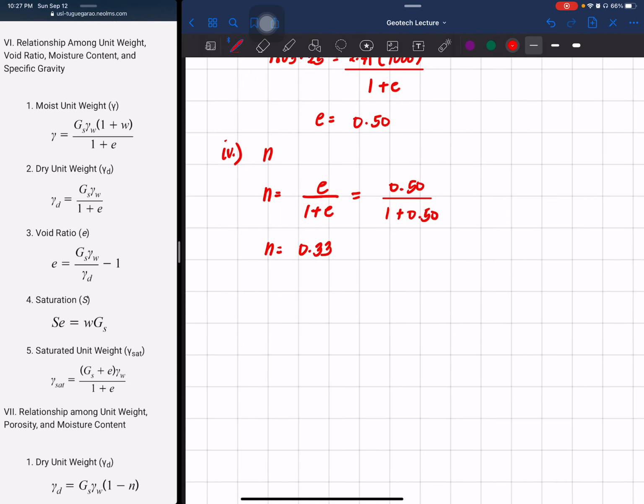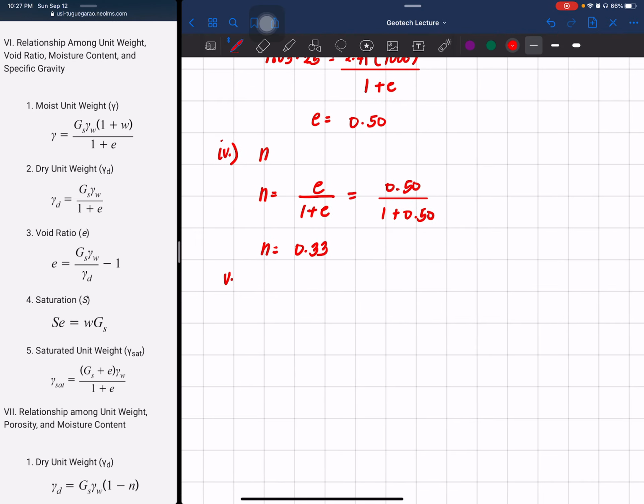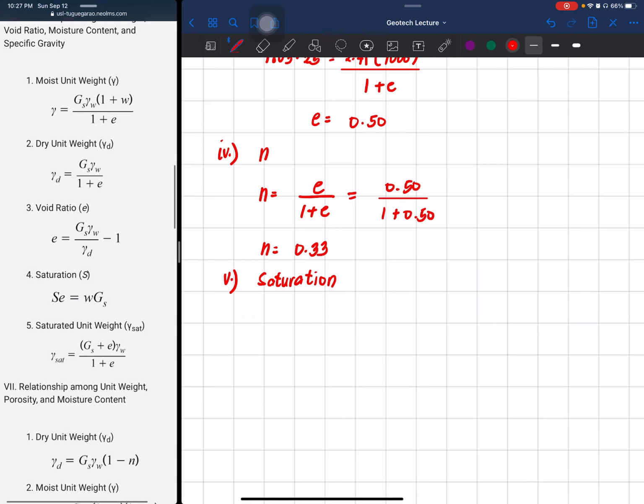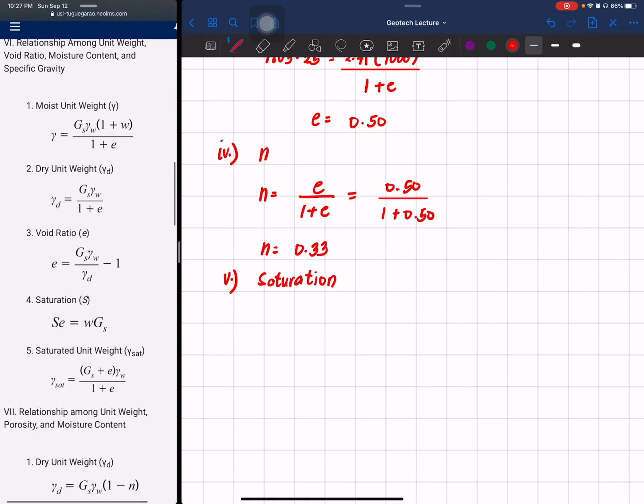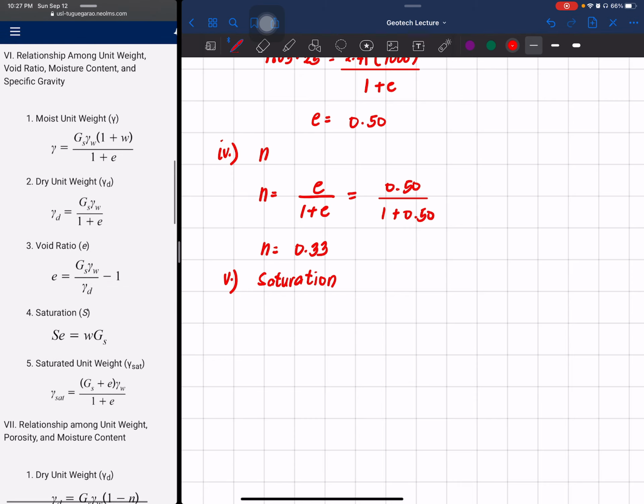Next thing that we're going to calculate is the degree of saturation, or the S. We can actually use formula number 4 in Roman numeral number 6.